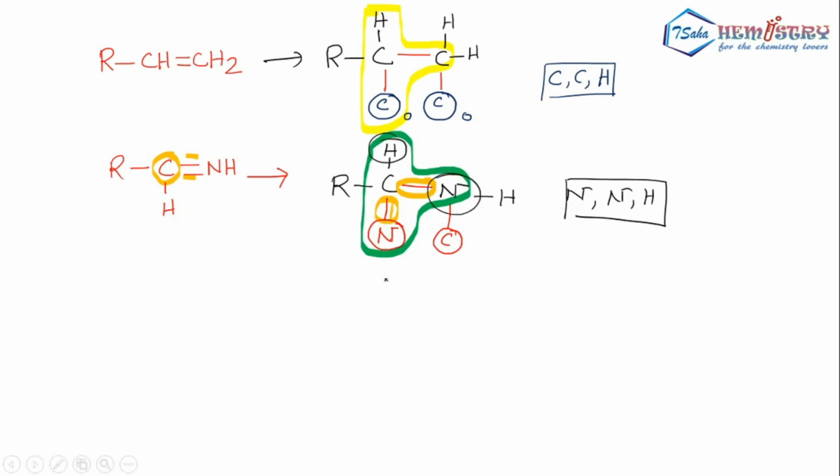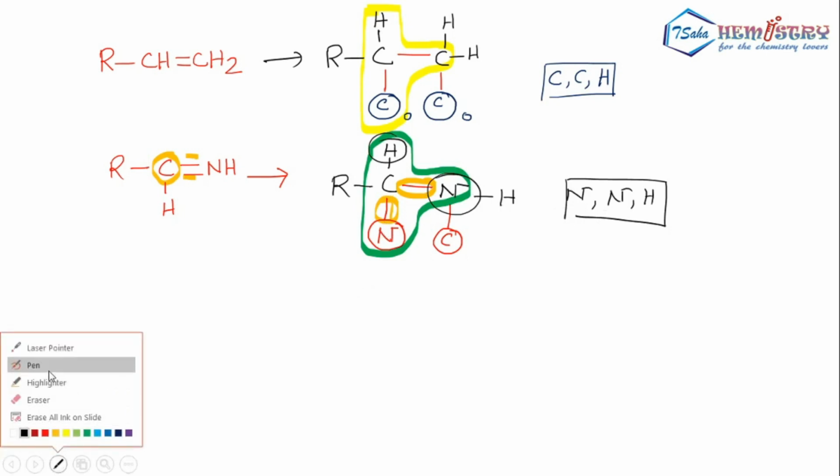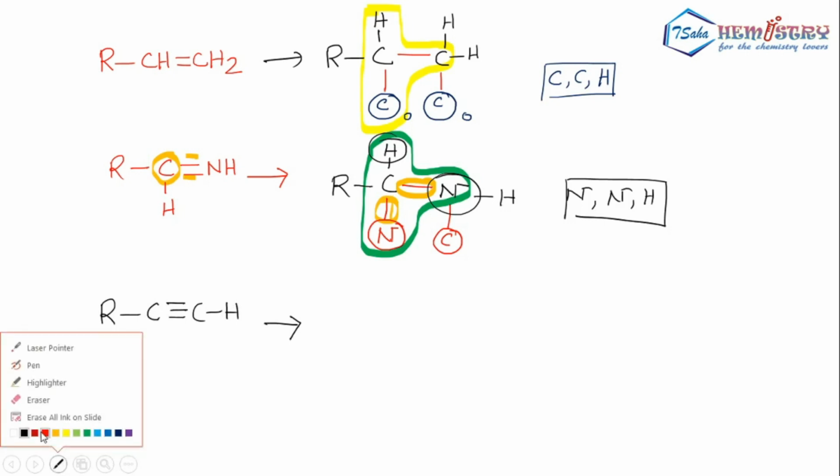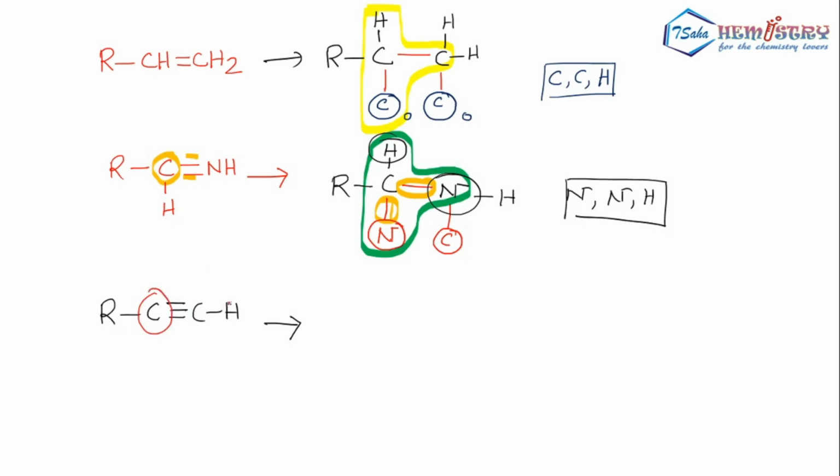Now similarly, if you have, say, R-C triple bond CH, that indicates this carbon can make a triple bond. Mind it, this carbon can make a triple bond with another carbon.